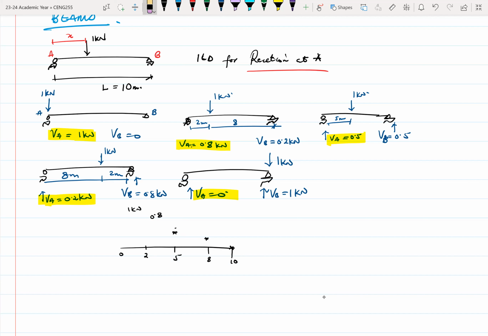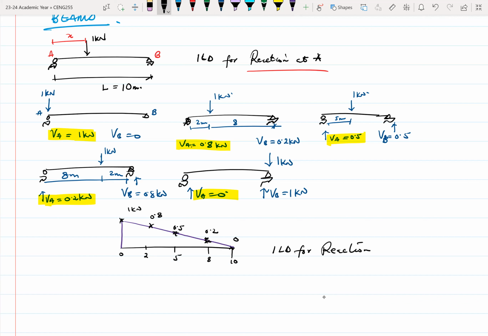I'll just draw a straight line and put a point in there. So this is 0.5, this is 0.2, and this is 0. All right, so this diagram here becomes the influence line diagram for reaction at A.